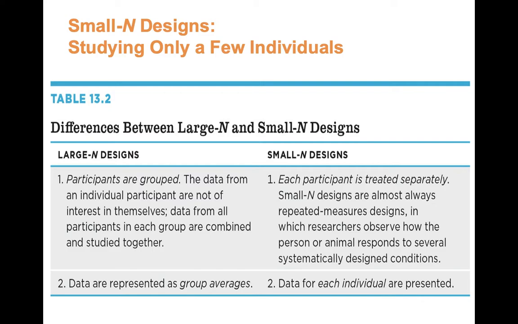You're only getting a little bit of data from each participant, and you're comparing averages. In a small n design, you ultimately present all of the data for each individual.